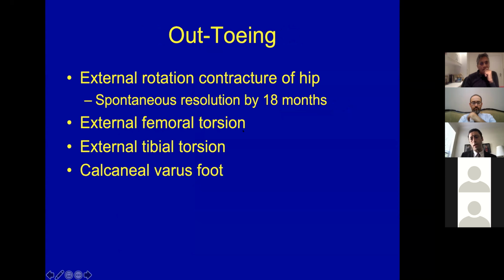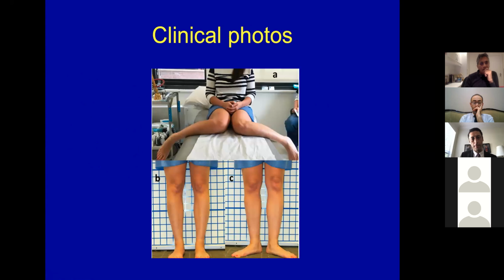Or an out-toeing gait could be from external rotation contractures of the hip rotators, most likely with spontaneous resolution by 18 months, or external femoral torsion, external tibial torsion, calcaneal varus foot, or other foot deformity, but most likely the femur or the tibia.